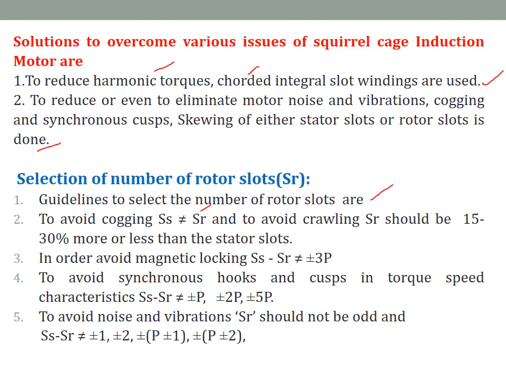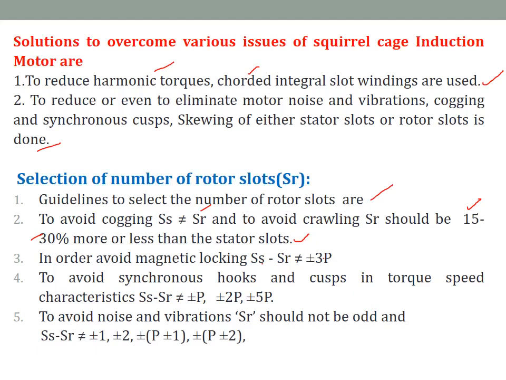And to avoid crawling, SR should be 15 to 30% more or less than the stator slots. Next, in order to avoid magnetic locking, SS minus SR should not be equal to plus or minus 3 into P. P is the number of poles.